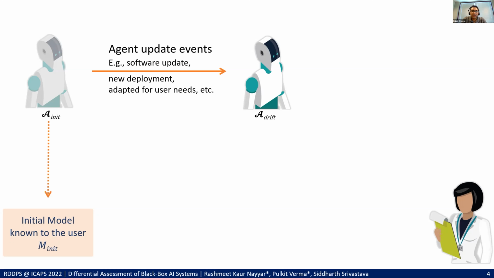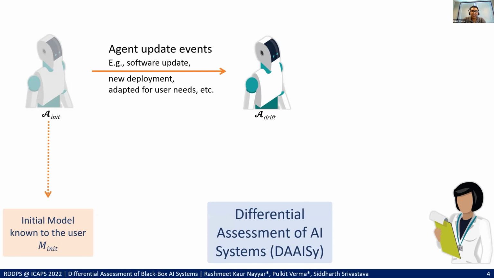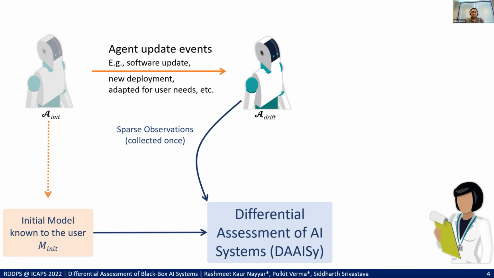To do this, we introduce the differential assessment of AI systems, called DAISY. This system collects sparse observations of the robot performing actions in the environment. It then uses the known model from the past to predict what portions of the model may have changed due to the robot's behavior update.